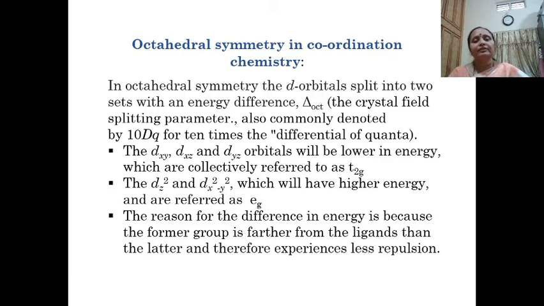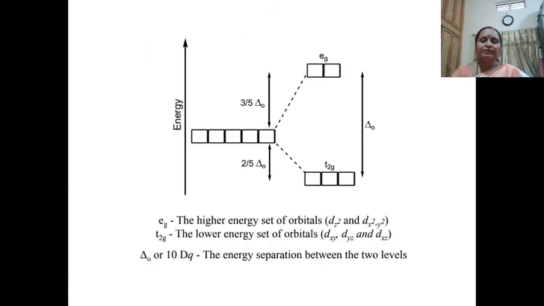The reason for the difference in energy is that the former group is farther from the ligand. They are far away from the ligand, and therefore they experience less repulsion. So these are the 5 d orbitals when the ligands approach in an octahedral field.